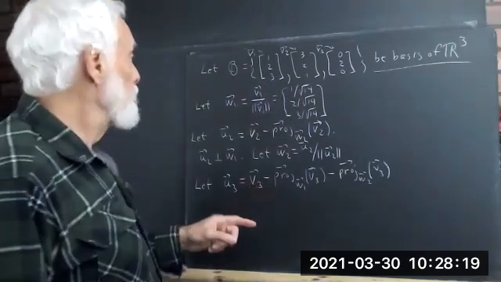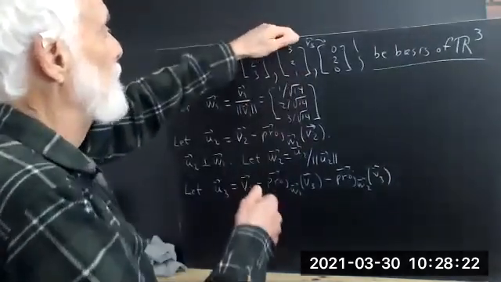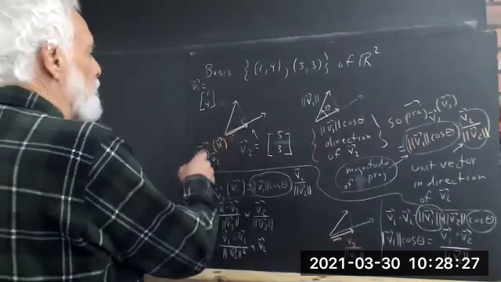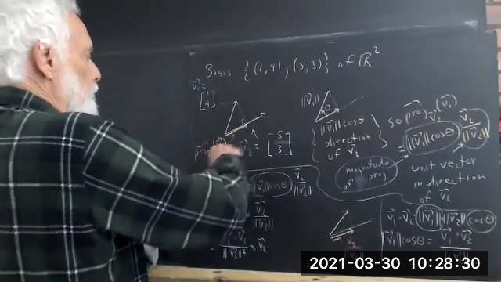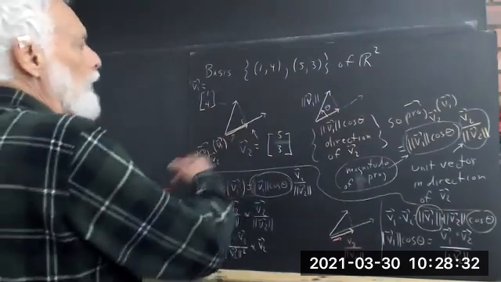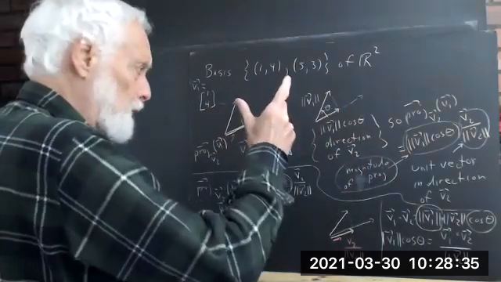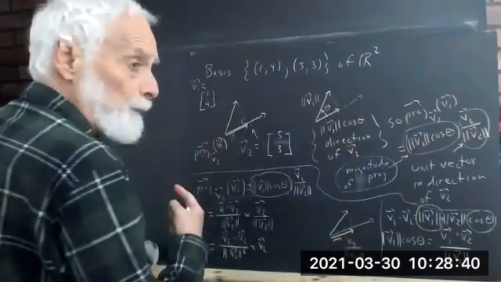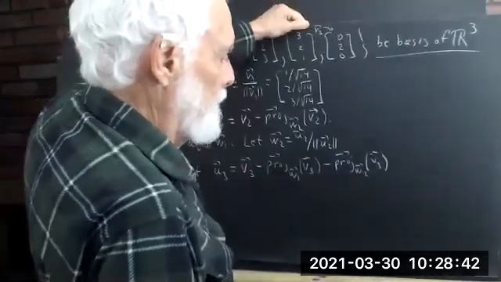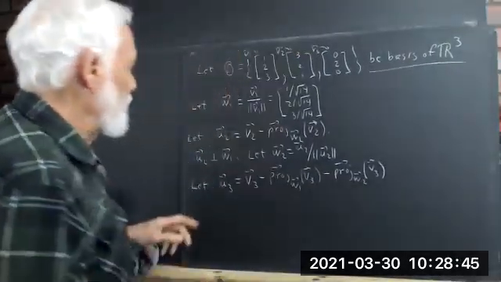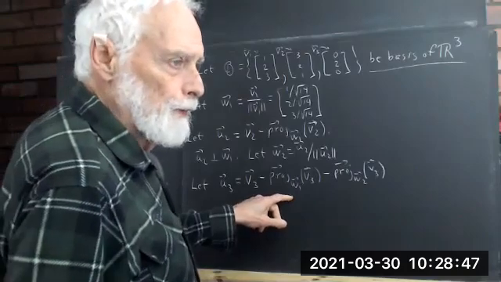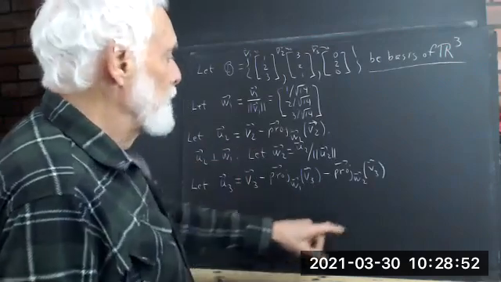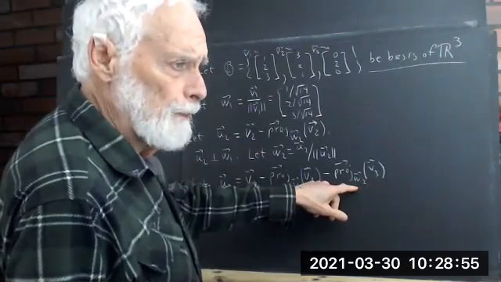Well, if you think back to what we did originally, this projection is the part of V1 that's parallel to V2. And we, for reasons I hope you understand by now, subtract that off, leaving only the part that's perpendicular, okay? Well, we take off the part of V3 that's parallel to W1, and the part of V3 that's parallel to W2.